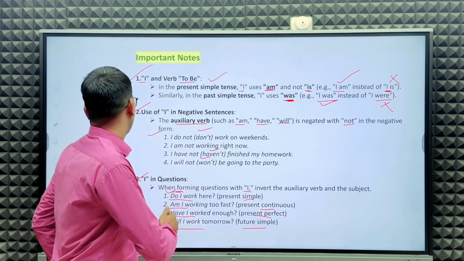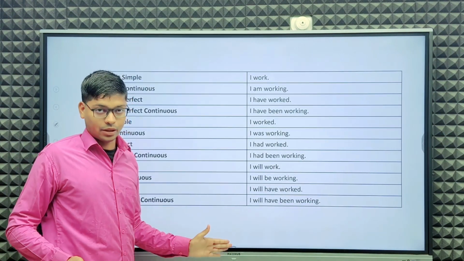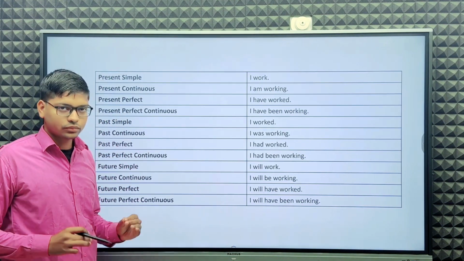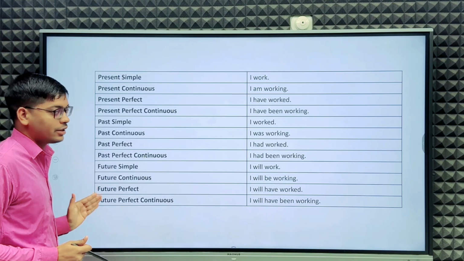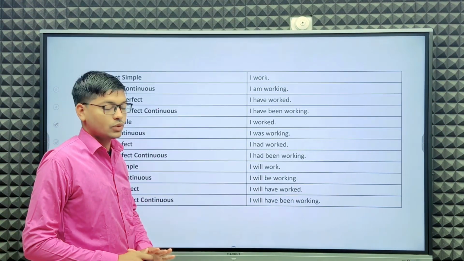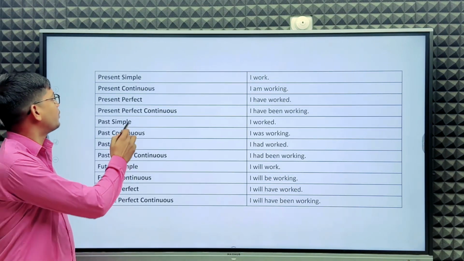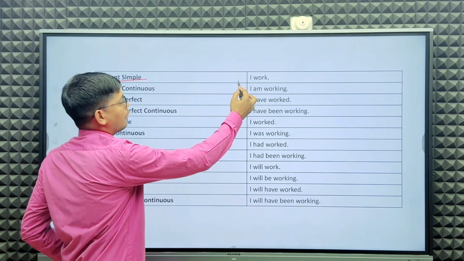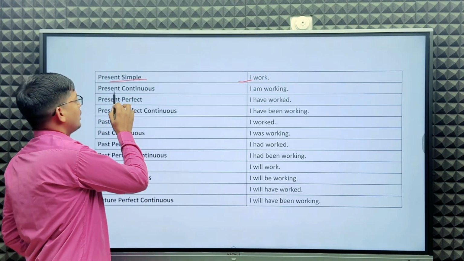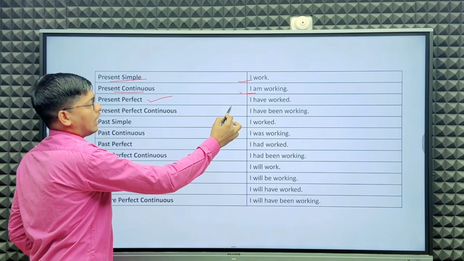Here are some examples of I in all types of tenses. Present simple, I work. Present continuous, I am working. Present perfect, I have worked.